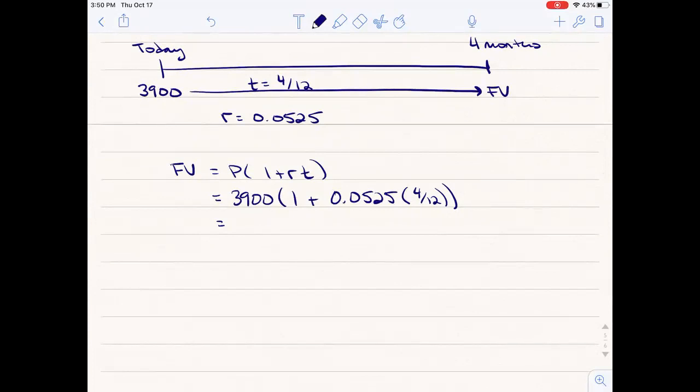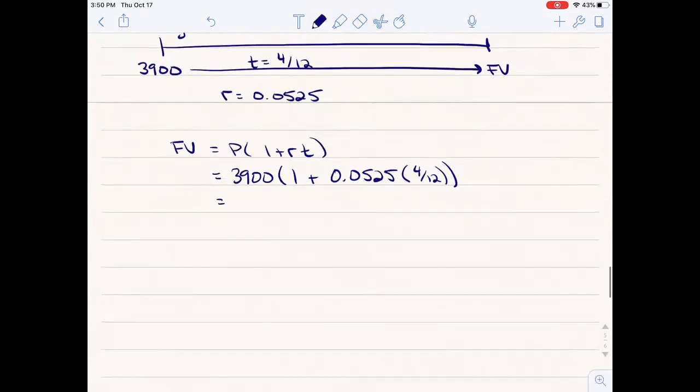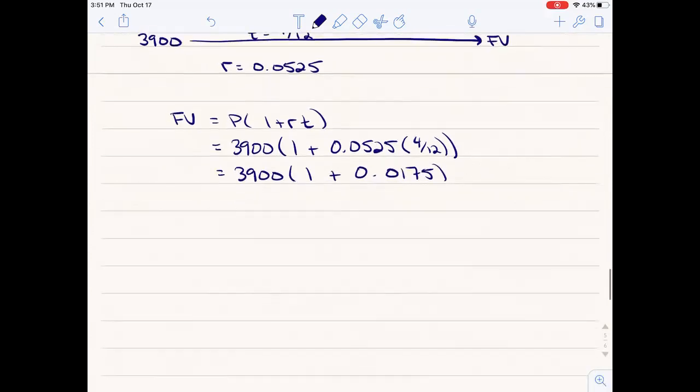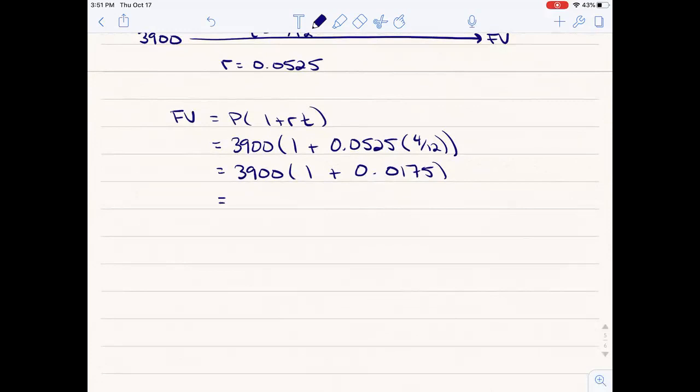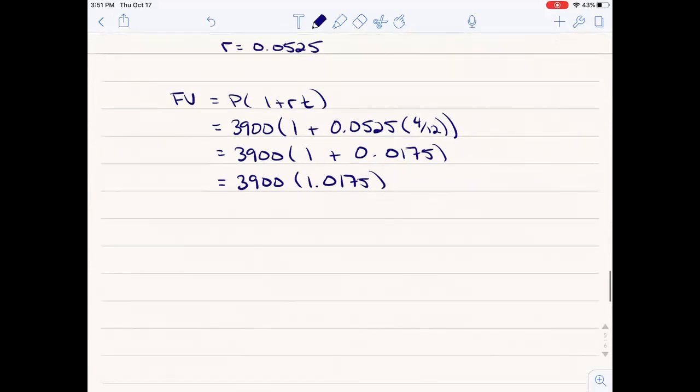Right? Otherwise, we'll get way wrong answers. So 0.0525 times 4 divided by 12. I get 3,900 times 1 plus 0.0175. $3,900 times 1.0175, I get 3,968.25.